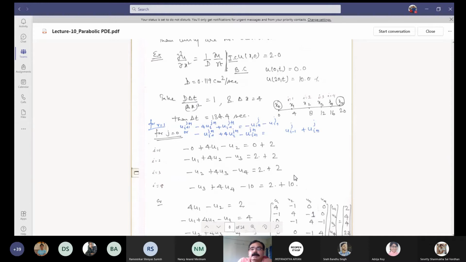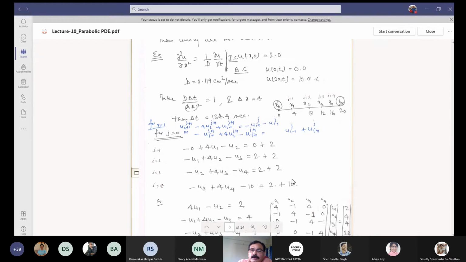The next part is your u5 and 0. But 5 is another boundary. You see, x5 is another boundary. So this is boundary also, and for j equal to 0, it is initial condition also. So it is basically u50, which is boundary as well as initial point, both. Again, we'll take the average of 2. So 10 plus 2 is 12, and then average will be 6.